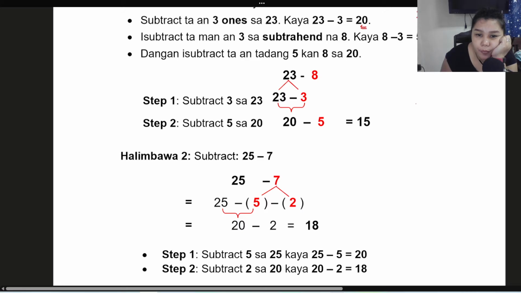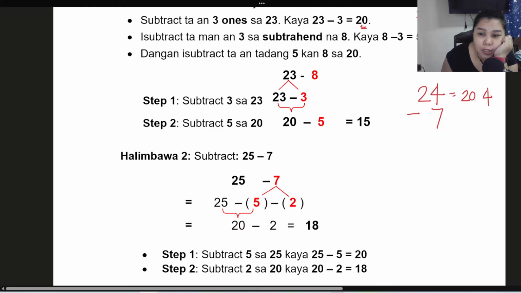Halimbawa, 2-digit number, it's 24 minus 7. So, yan ang given. So, sa 24, ano nga ang 24? 20 and then 4.